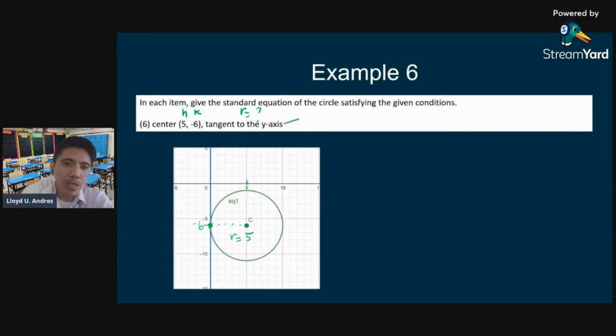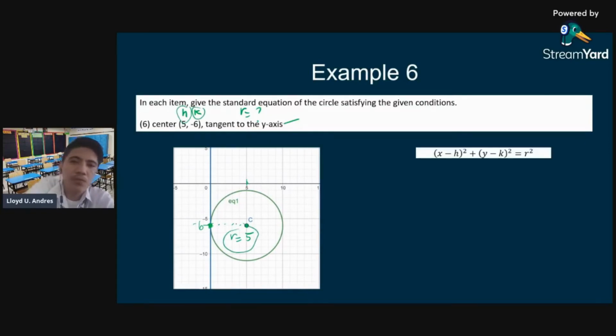So since we already have h, k, and r, we can now solve using the standard form of the equation of the circle, which is the quantity of x minus h squared plus the quantity of y minus k squared equals r squared. We just need to substitute h with 5 because the x-coordinate of the center is 5, and substitute k with -6 because the y-coordinate of the center is -6.